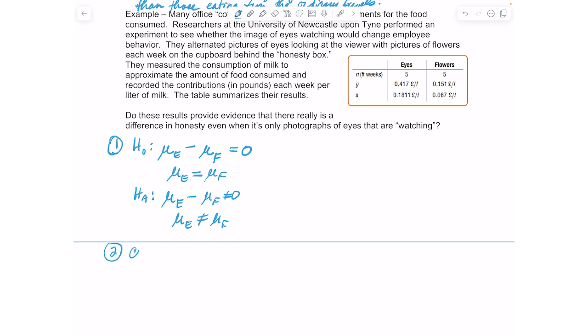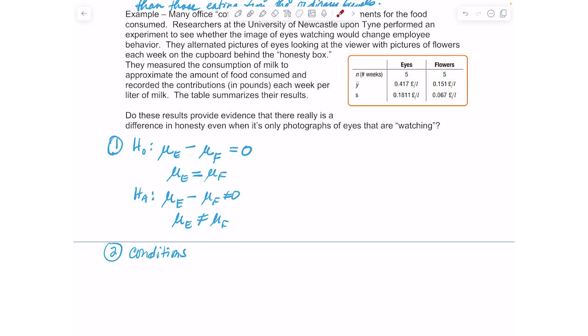Step 2 is, of course, check your conditions. So you check to make sure that you have independent groups, the 10% condition, randomization, and also the nearly normal. And we're dealing with a small sample size, but it's over 5 weeks.